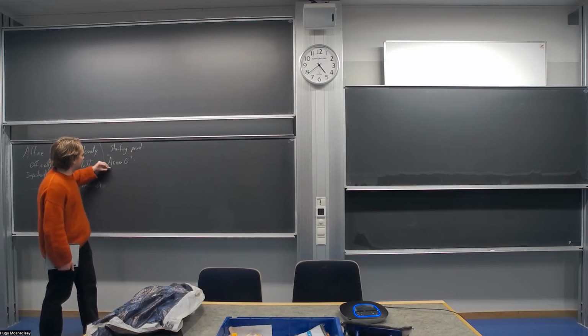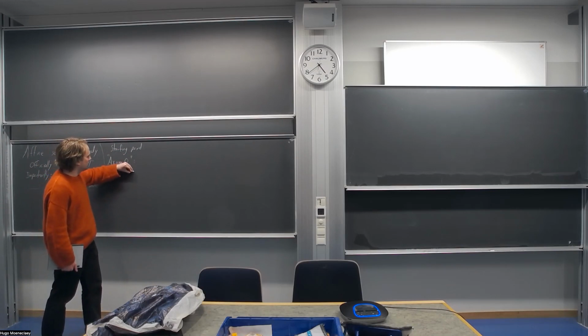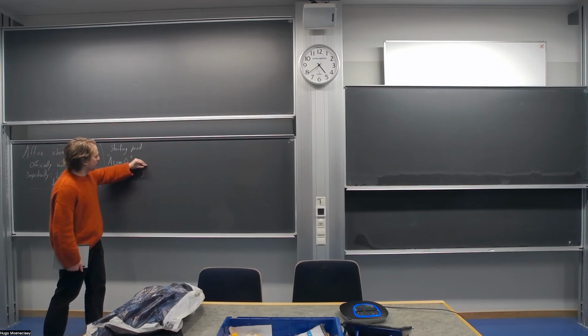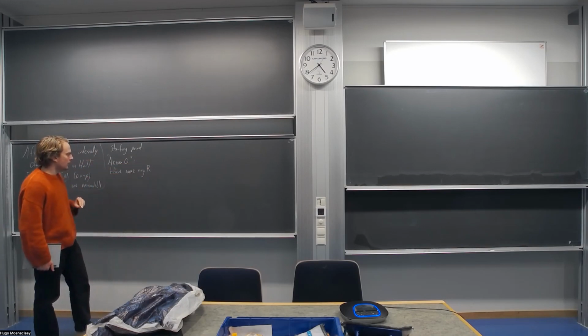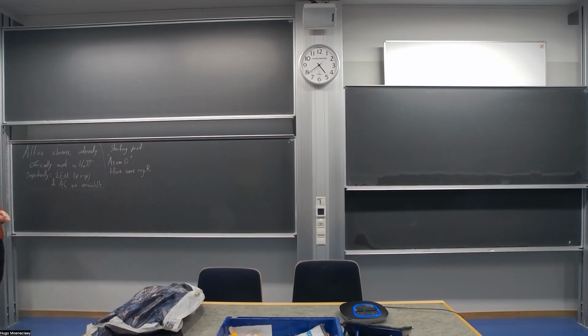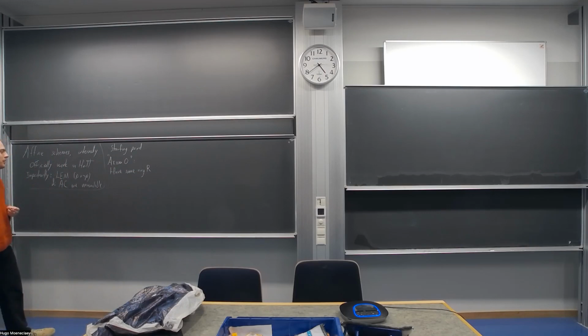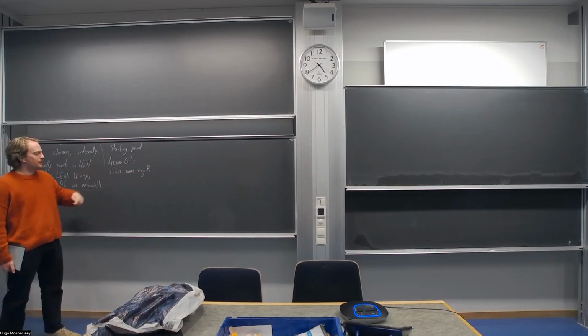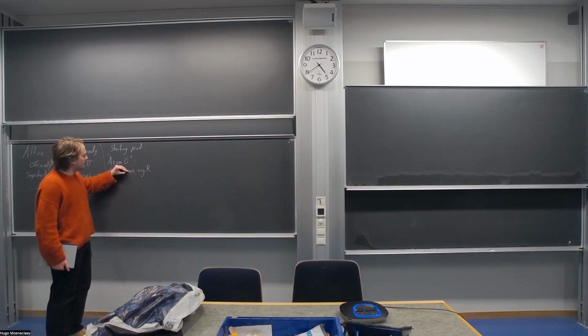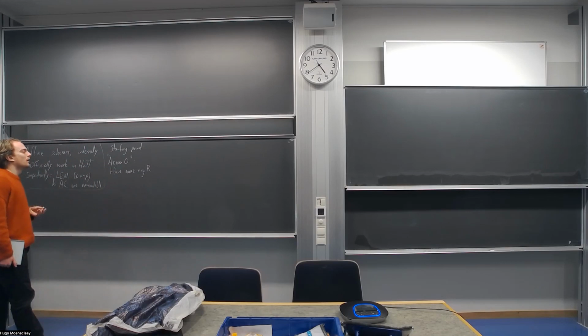It says that we have some ring R, and this will be fixed throughout everything we do. By ring, I always mean a commutative ring with one. It's a bit strange to call it an axiom because it's really a data structure. We have some kind of base ring.